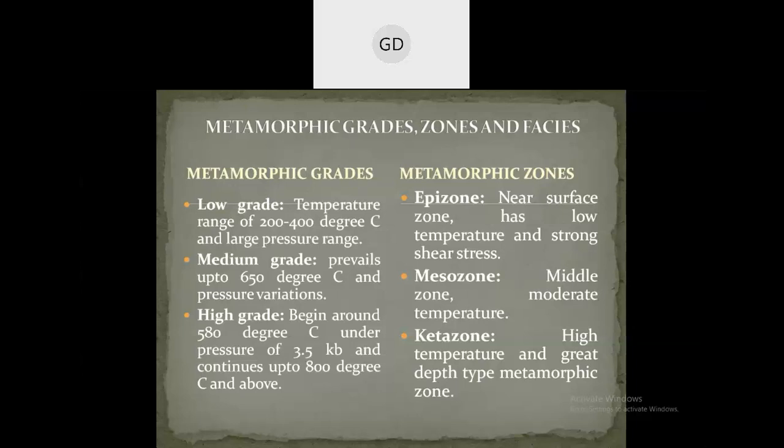Here, ma'am, in the epizone, temperature increases with depth, so that means low grade will occur in the epizone. Okay, you were telling me that low grade here is 200 to 400 degrees Celsius, and in the epizone it is generally less than 300 degrees Celsius. So yes, low grade metamorphic grades will occur in the epizone part. You can say that.